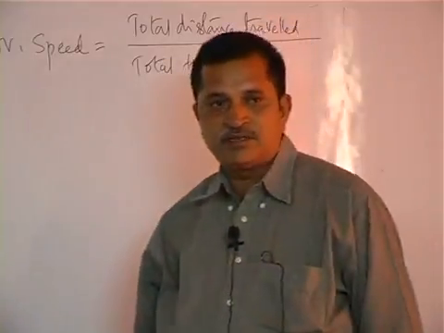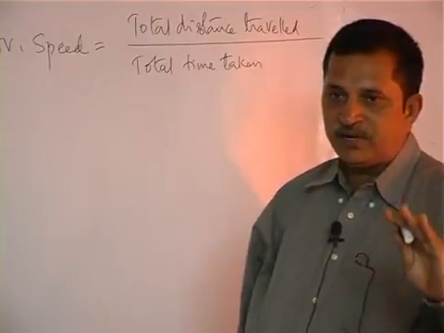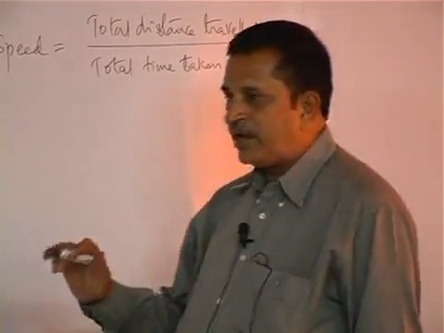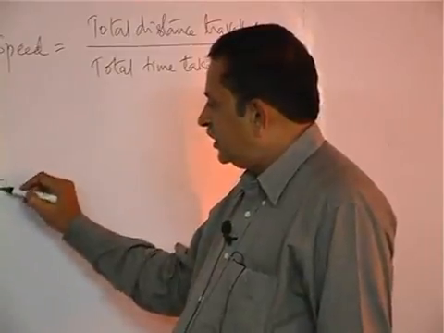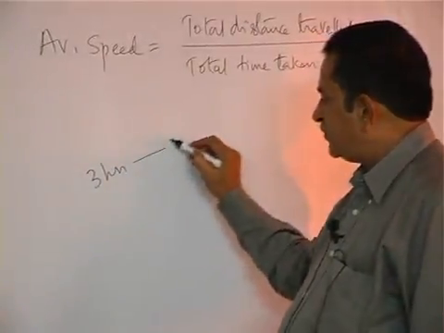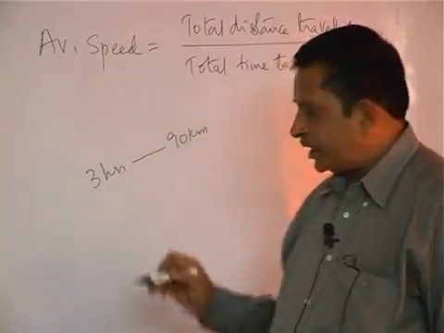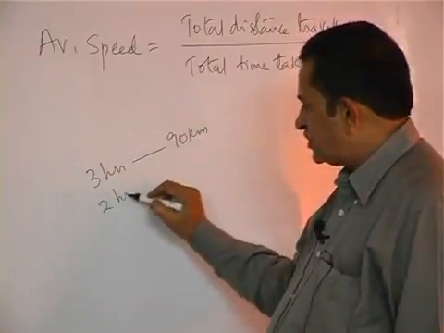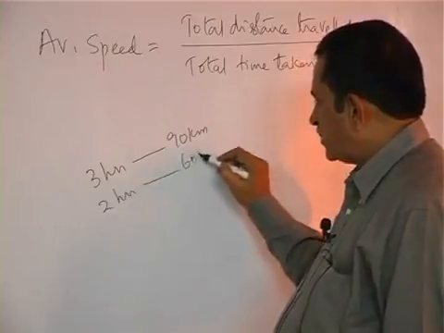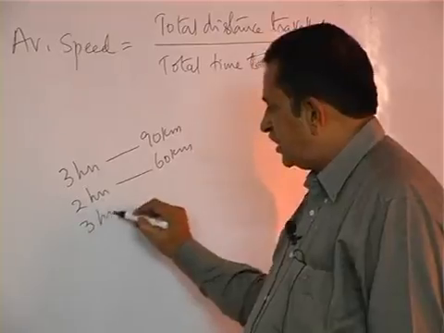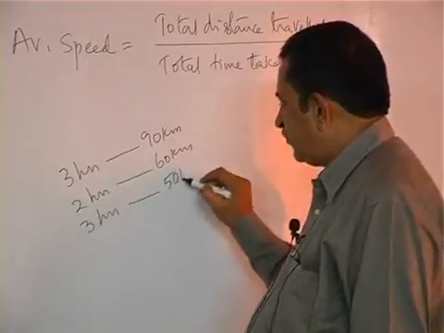The problem will be like this. A man traveled in the first 3 hours a distance of 90 kilometers. In the next 2 hours a distance of 60 kilometers, and in the last 3 hours a distance of 50 kilometers.